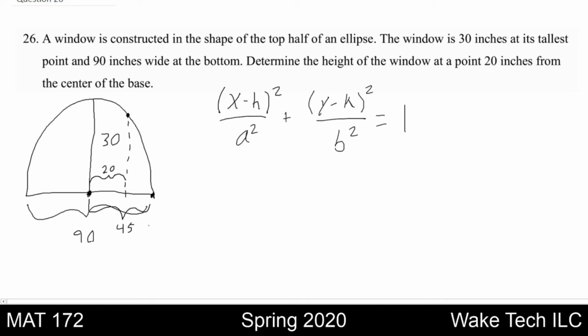So along the x direction, it goes 45, so we can say (x minus h) squared over 45 squared. Additionally, we know the center is at (0, 0), because we've said the center of the base is at (0, 0), so we can let h and k both equal 0. So let's make this just regular x squared, and this would be just a regular y squared, over 30 squared. Recall that a and b are the distance from the center to the endpoint of that axis.